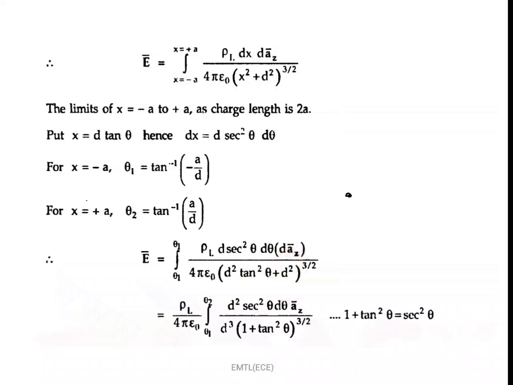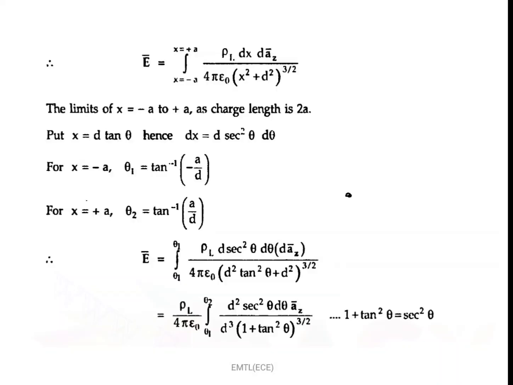By taking d square common, with the power 3 by 2, it is equal to d cube, and the remaining value inside the bracket is 1 plus tan square theta, as usual whole power 3 by 2. We have a relation: 1 plus tan square theta is equal to secant square theta.